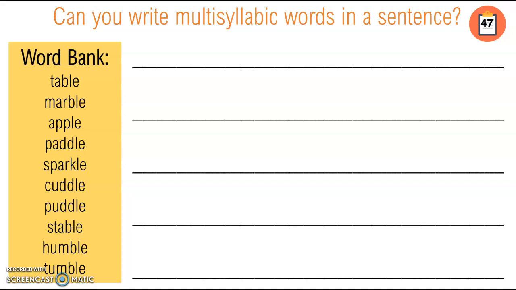Okay. I'm going to try to use some of these words. So I will model for you first, and then you're going to write your own sentence. Okay. Remember, start with a capital letter, end with a punctuation mark. Okay. Here is my sentence.